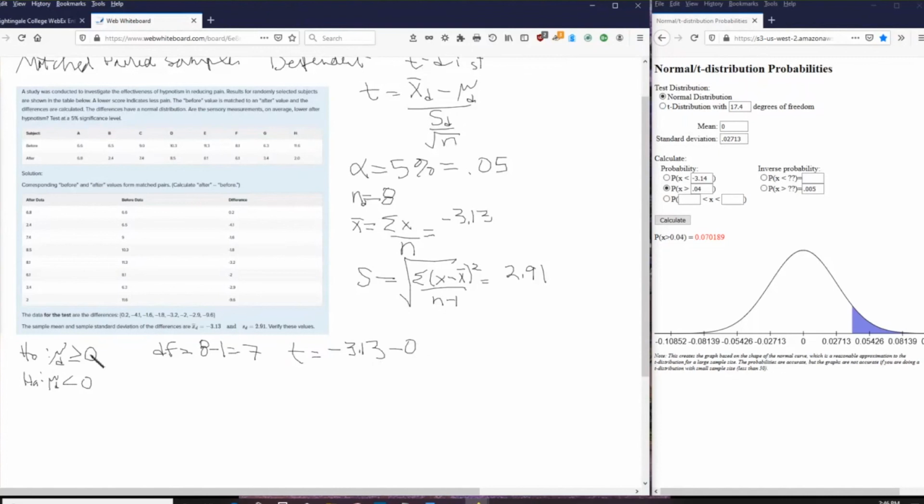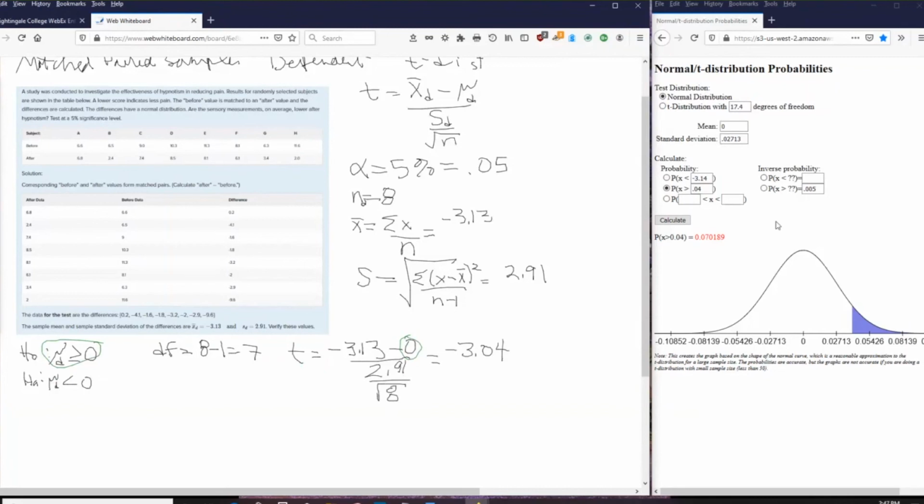And we get that from right here. That's why we can call this 0, because we have that equal sign. Then we're going to divide it by the standard deviation of the sample divided by the square root of the sample size. And when I do that calculation, I'm going to end up with minus 3.04.